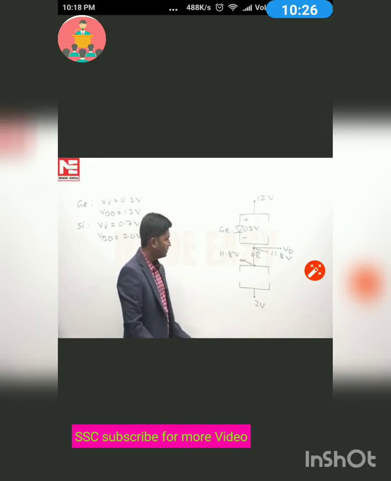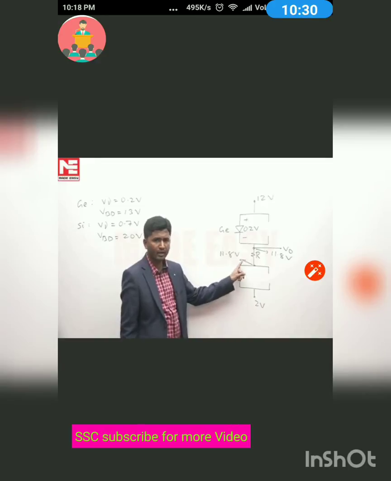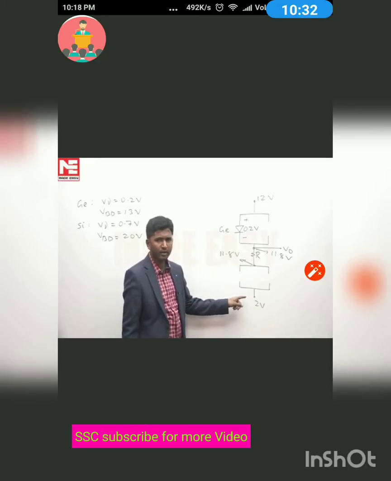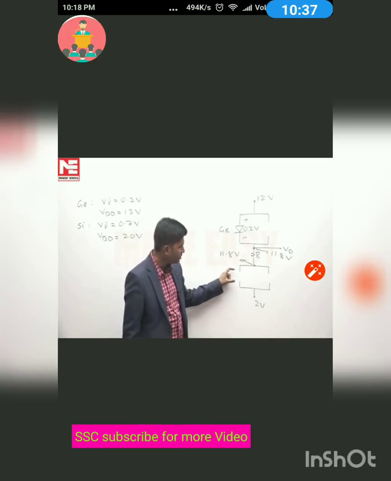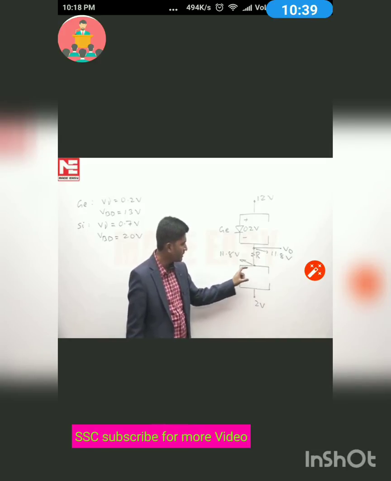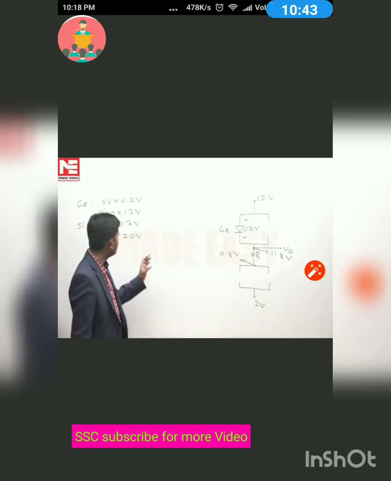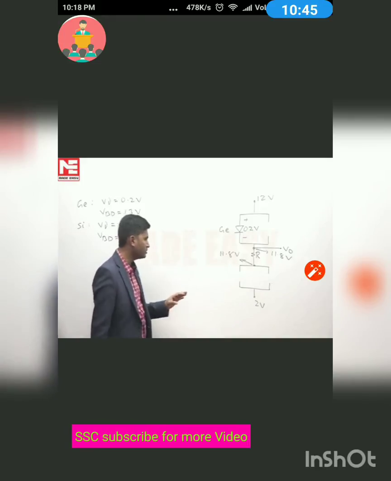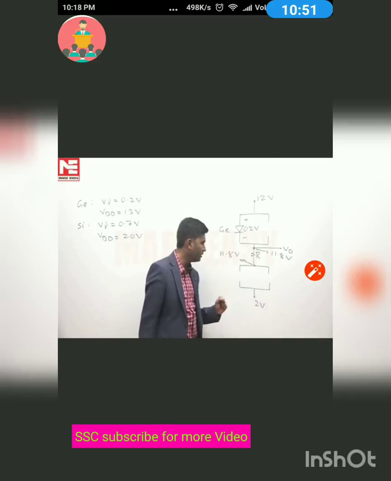The potential difference from this node to this node is 11.8 minus 2, that is 9.8 volt. That means 9.8 volt will be present across both these diodes, and that reverse bias of 9.8 is less than the breakdown voltage of both the diodes. Therefore, none of these diodes will be in breakdown, and both will act like open circuit only.